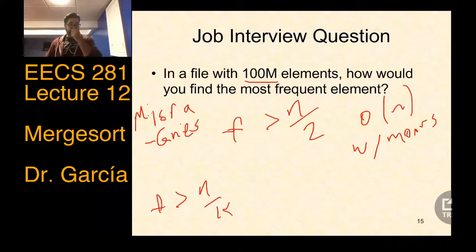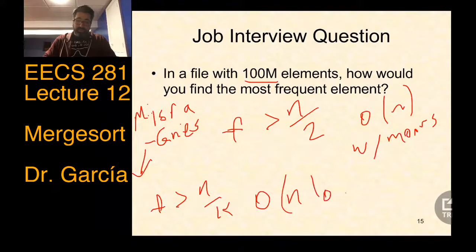If you know that the most frequent element is at least n over k times repeated, where k is just an arbitrary constant, then you can use that algorithm, and this gives you an O of n log k runtime.